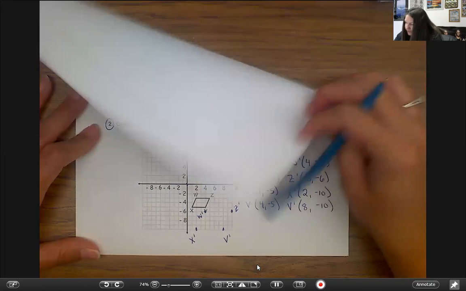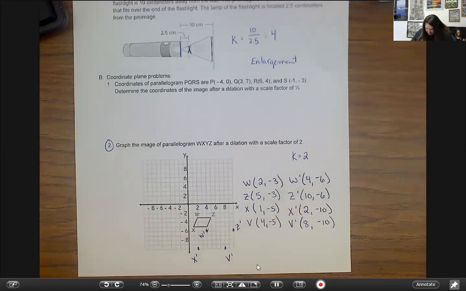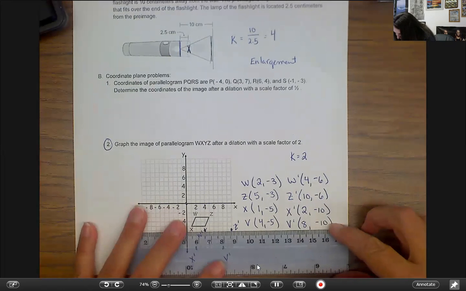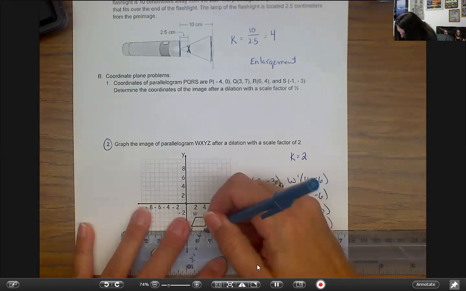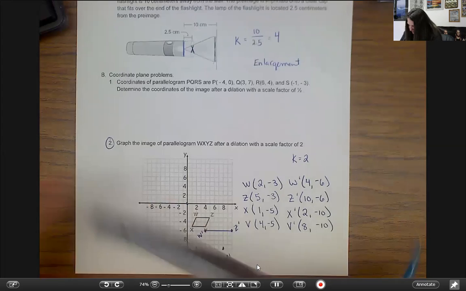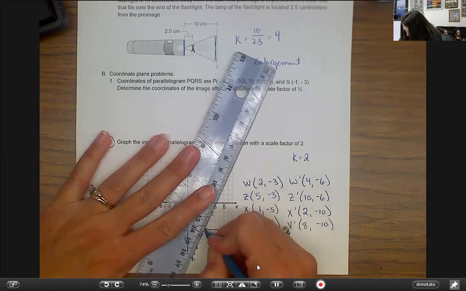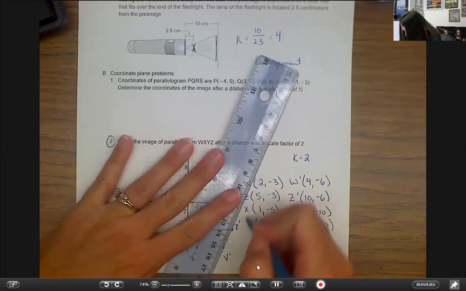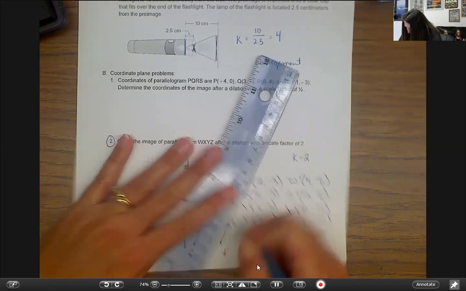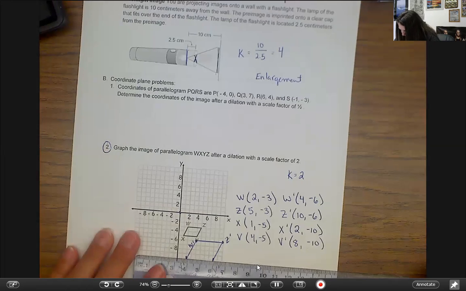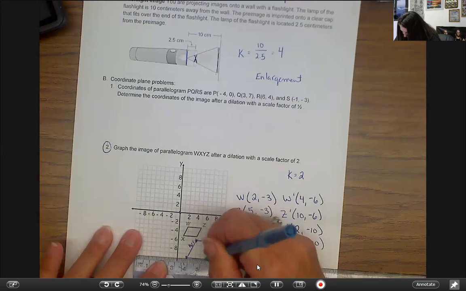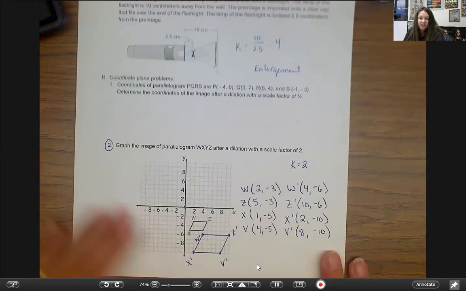Now I'm going to go ahead and use a straight edge here to make this nice and neat so that we can see something also with our dilation, since this is the first one I'm constructing. All right, we had a scale factor of 2.